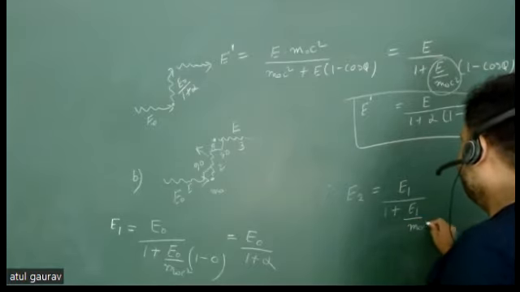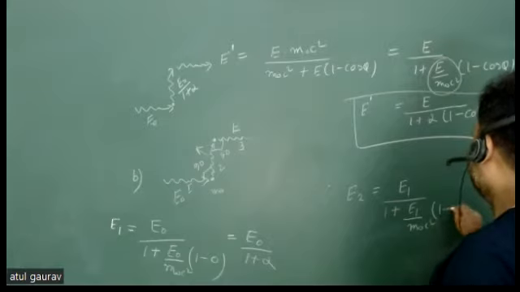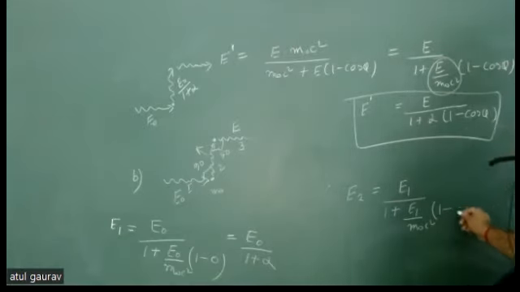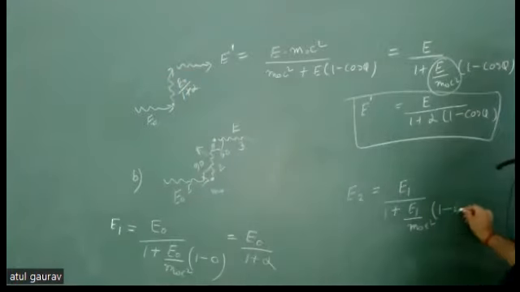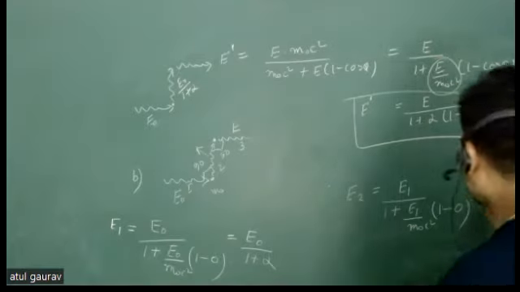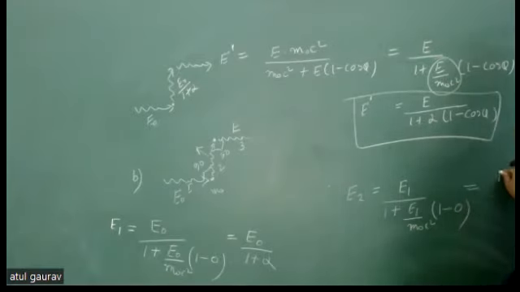Again 1 minus cos phi, what is the angle phi? 90 degrees. Second time also it is scattering at 90 degrees. So 1 minus 0. This value is equal to E1 by 1 plus E1 by M0 C square.